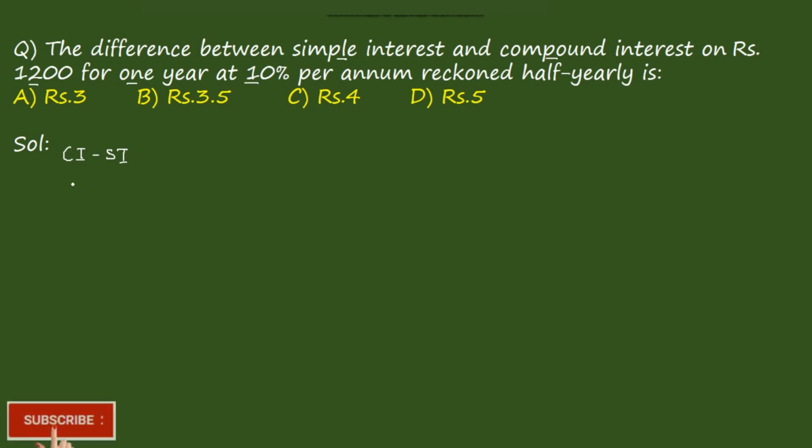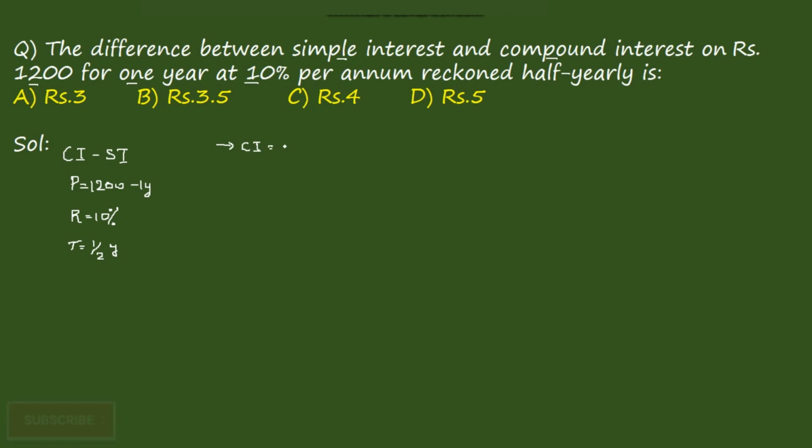On rupees 1200 for 1 year at 10% per annum compounded half yearly. So they have given that the principal is 1200. This is for 1 year, right? And the rate is equal to 10%. Again they said that time is given as half year, right? First we're defining the compound interest.